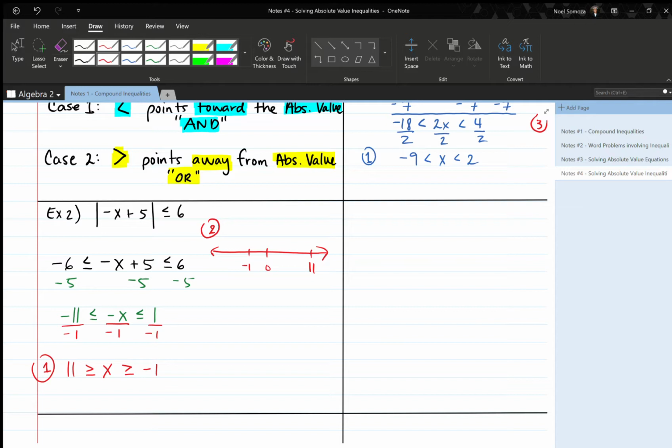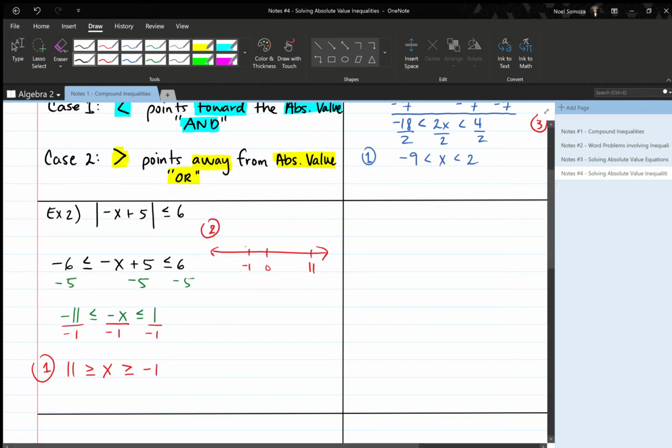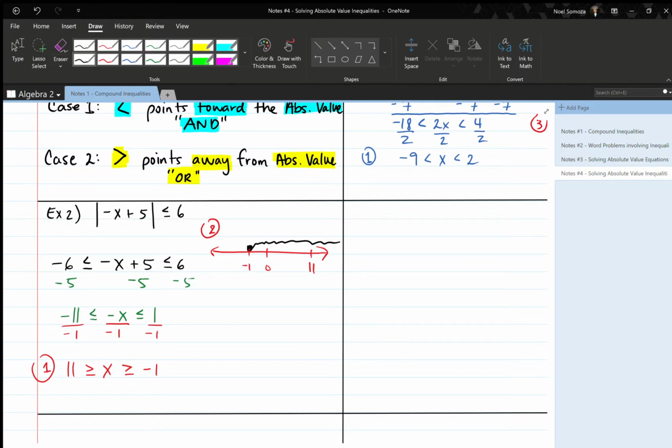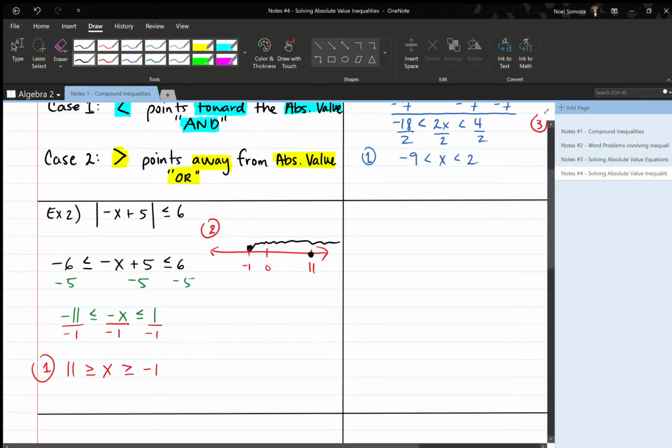All right, so from here, let's just double check that this is going to work out. X has to be greater than or equal to negative 1. So at negative 1, I want to make sure I have what kind of circle? Closed circle. That's going to be shaded towards the right because x is greater than. Then here at 11, also a closed circle.